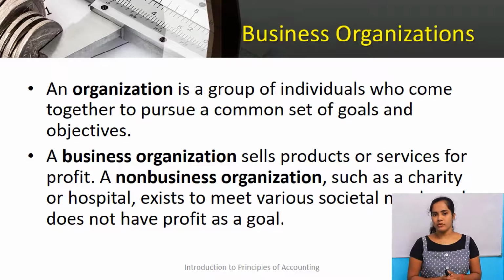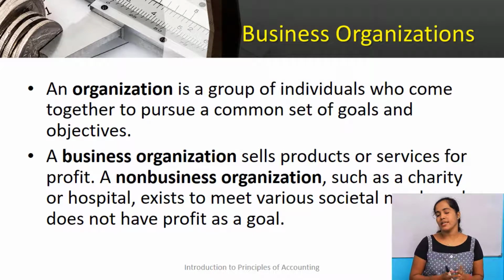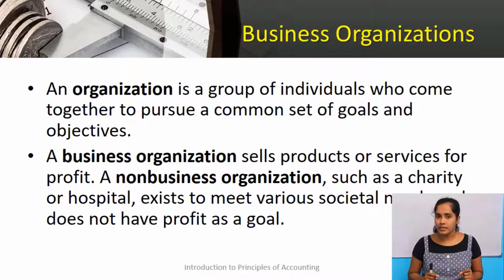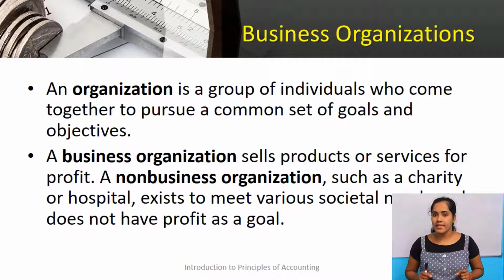There are some kinds of organizations that try to achieve the health of the people. For example, a hospital, their goal is enhancing the health of the people. So moving to the business organization, this is a kind of organization, but its particular aim is to attain profit.